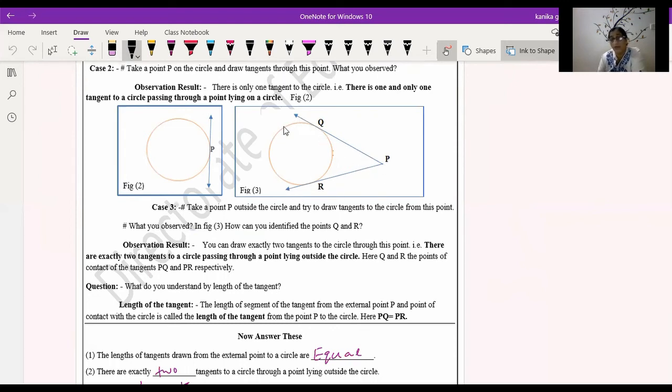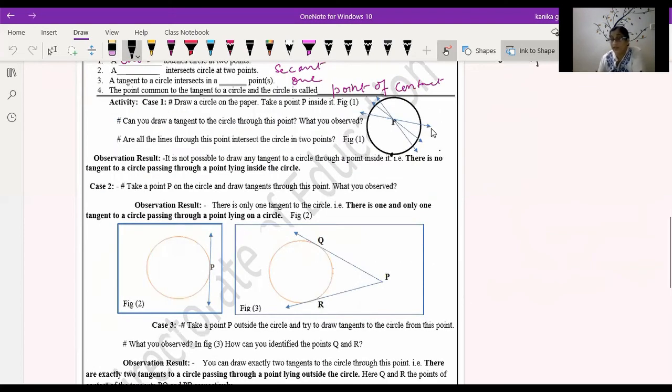When we draw, the lengths of QP and PR are equal and we get 2 tangents. So we observe that if the point P is inside the circle, there is no tangent. If the point P is on the circle, there is only one tangent. And if the point P is outside the circle, then there are 2 tangents.